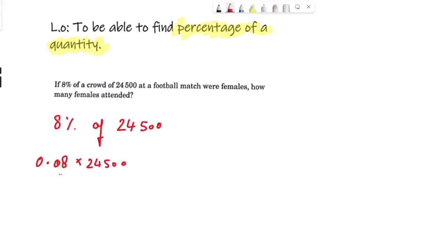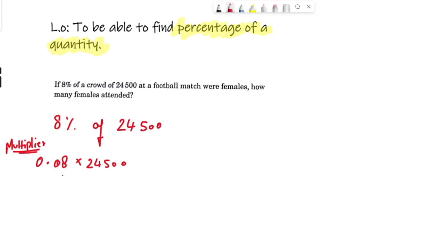Other than decimal, this is also known by another name: they also call it a multiplier, because we multiply this by the 100% value and we find our answer. We call it a multiplier as well.